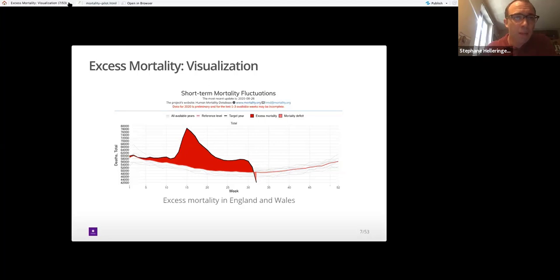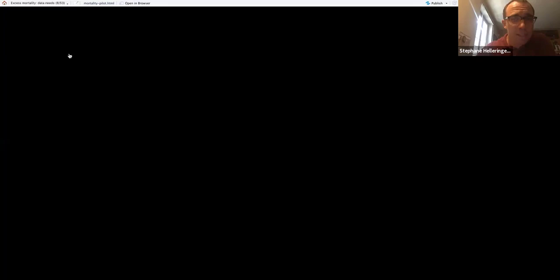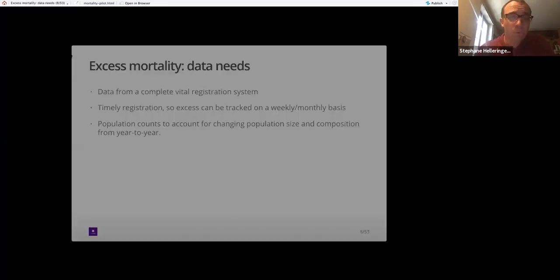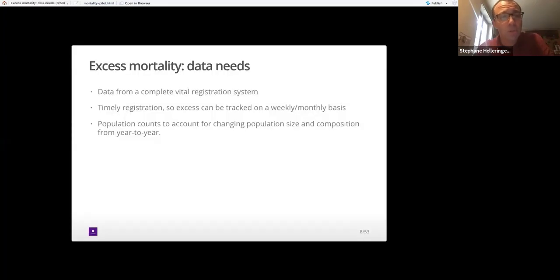And one that requires relatively simple data to be computed, because it requires data from a complete vital registration system. So data that is the kind of bread and butter of demographers, and that are available for at least a high-income country. And I'll talk about that shortly.